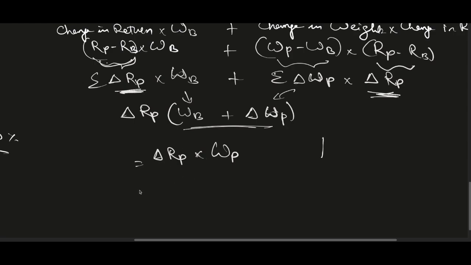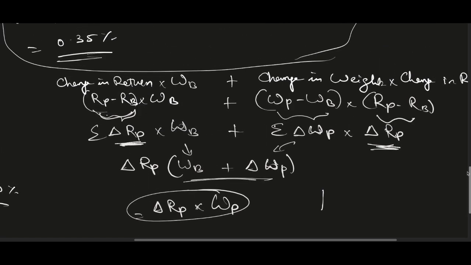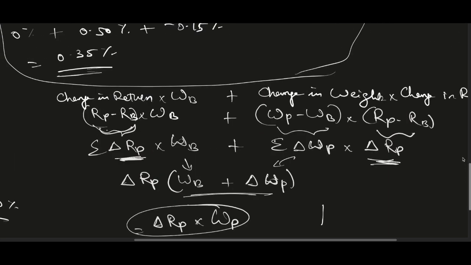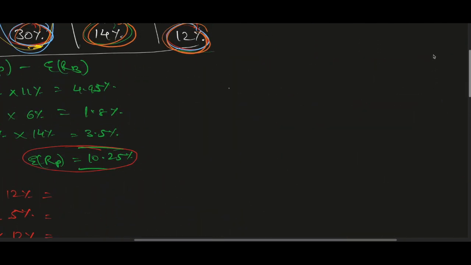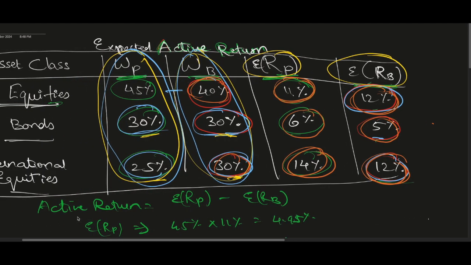So this way, if I want to do change in return of the portfolio, first of all it is weight of the portfolio 45, 30, 25.